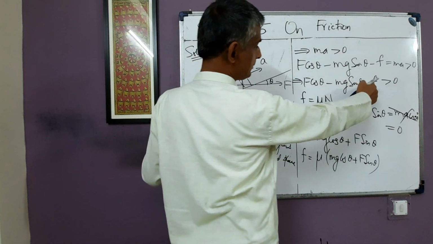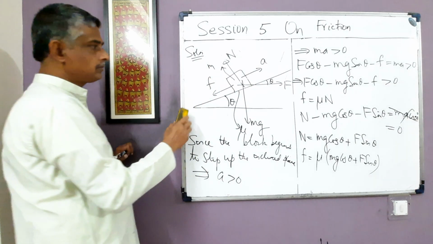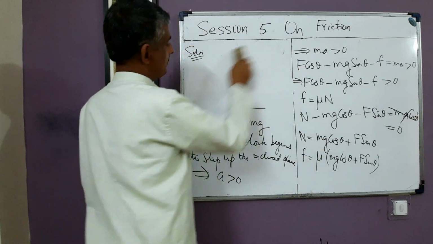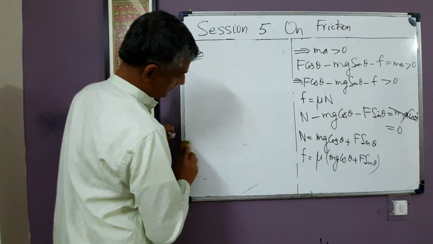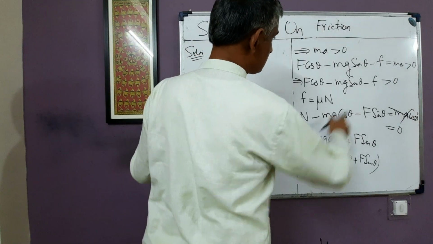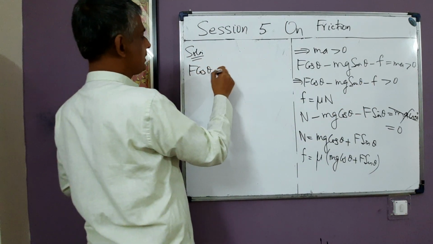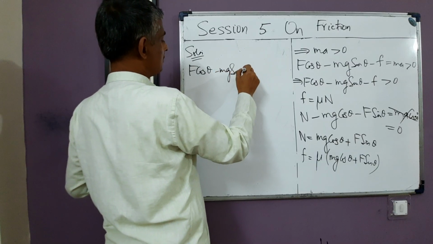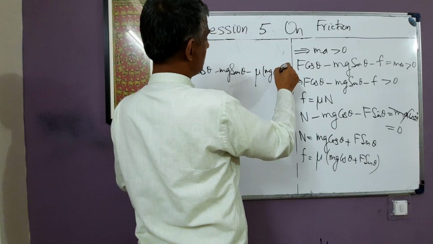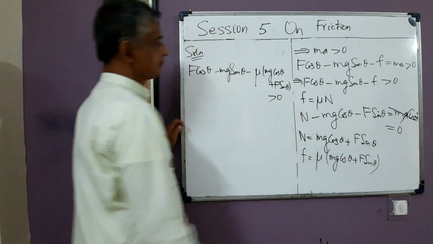Now I substitute this in this inequality. So I substitute this f in this equation. F cos theta minus mg sin theta minus mu times mg cos theta plus F sin theta is more than 0.